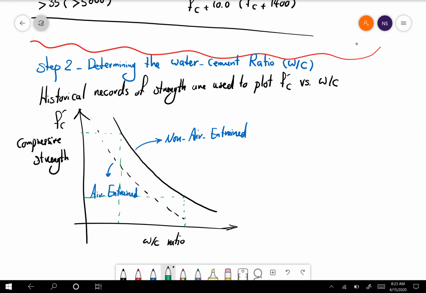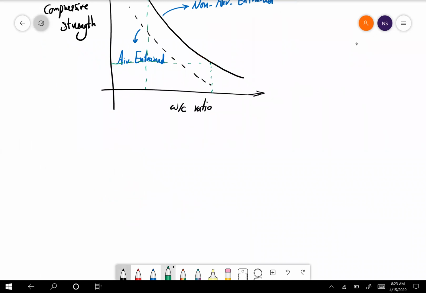So that's the general rule. But we need to check for the maximum allowed water to cement ratio, right?